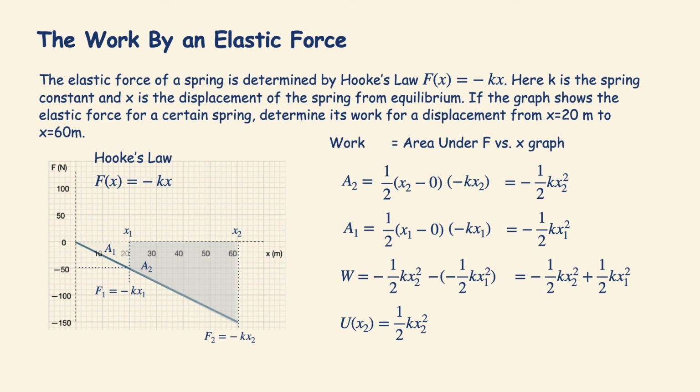So if we were solving this problem for the mechanical energy of the system and we had to look at the potential energy associated with the elastic force of a spring, I would have to write that the potential energy at location x2 is equal to 1/2 kx2 squared, and the potential energy at x1 is 1/2 kx1 squared.